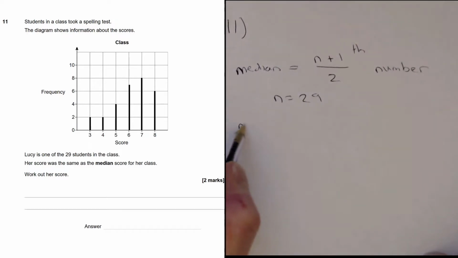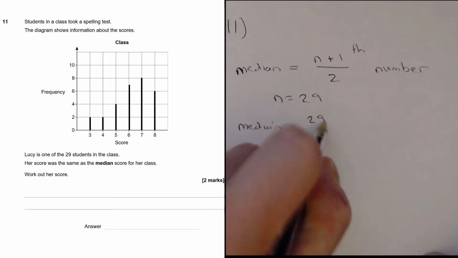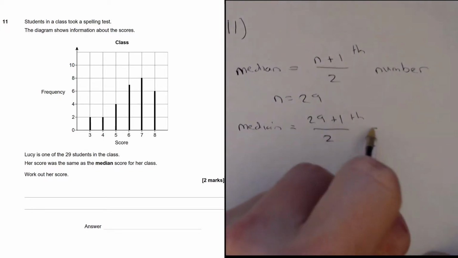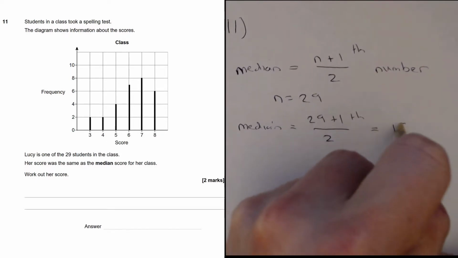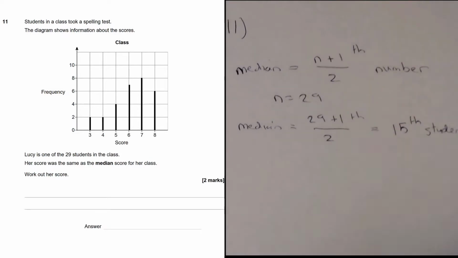So the median is going to equal the 29 plus 1 divided by 2th number, and that is 30 divided by 2, which is the 15th student. Now this is assuming that all the marks were put in ascending order, from smallest to largest, which conveniently in the graph this is done for us.